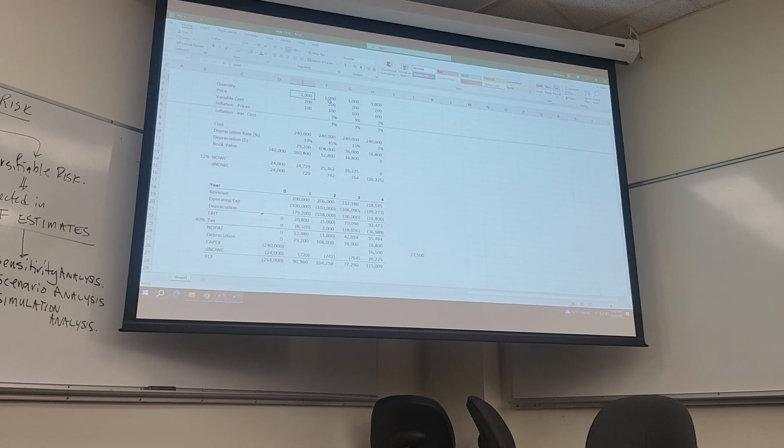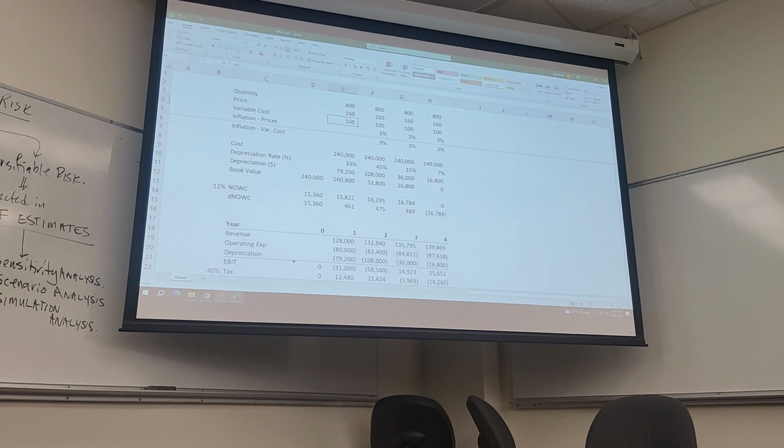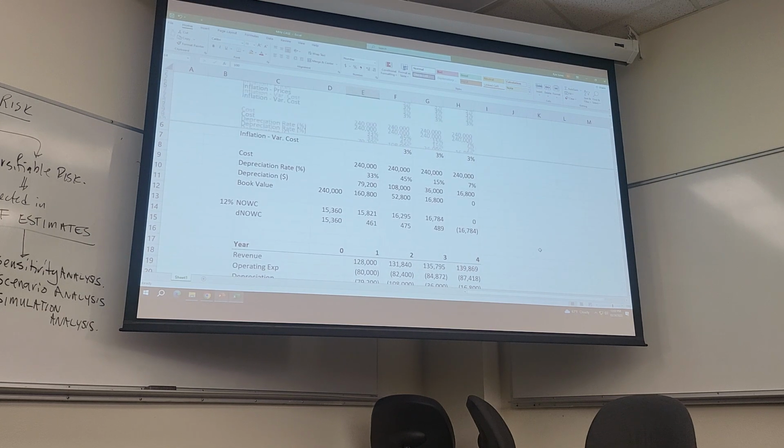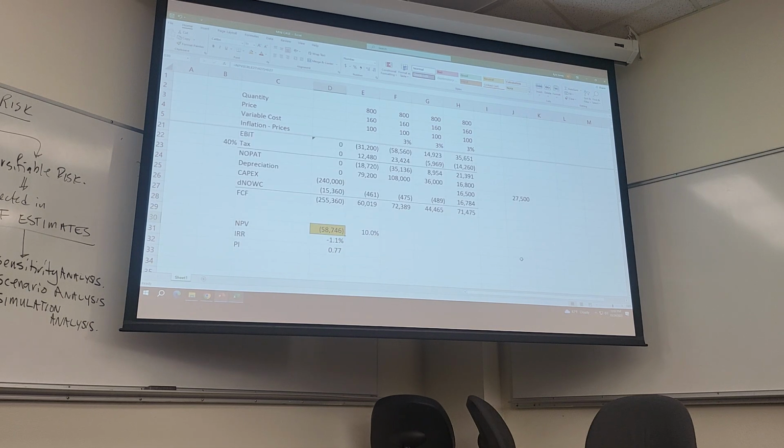All right, so I want to change quantity from 1,000 down to 800, and change output price from 200 down to 160. And I want to increase that so we can actually see what we're doing. There we go, a little bit better. And I want to get the NPV, minus 58,746.